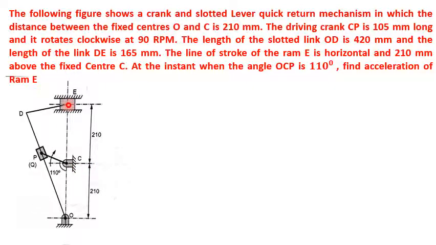So from this fixed center it is located 210 millimeter. At the instant when the angle OCP is 110 degree, find acceleration of ram E. So we have to find the acceleration of this ram E.